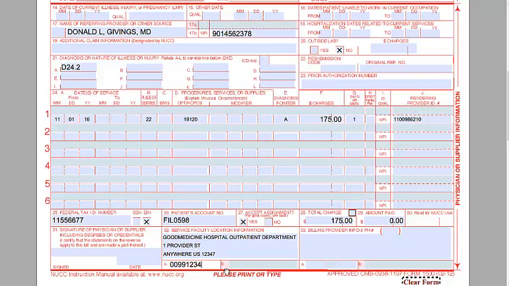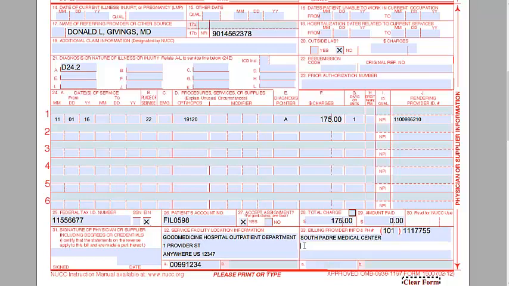Item number 33 is the billing provider's information. So this would be the clinic's information. And I'm going to put in South Padre Medical Center here, and their phone number is 101-111-7755. Notice that I did not put in a hyphen when I entered the phone number. Now I can go ahead and put the information here for South Padre Medical Center.